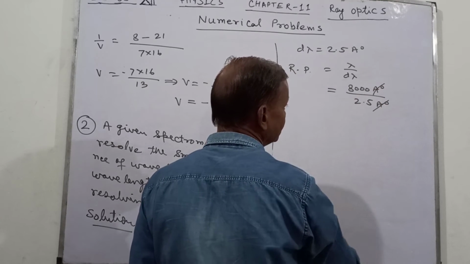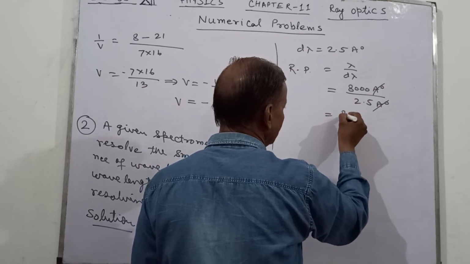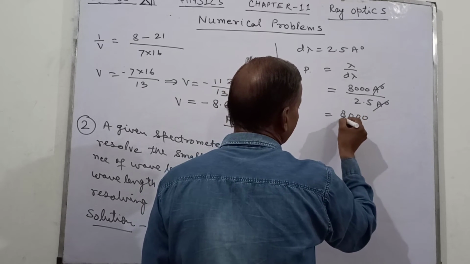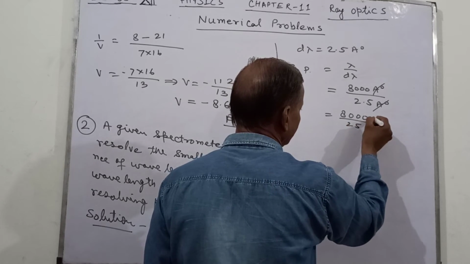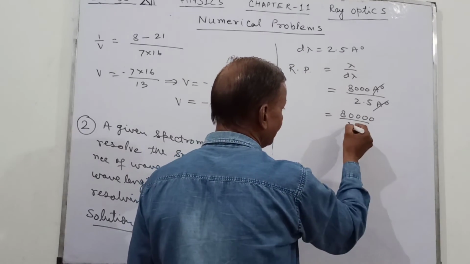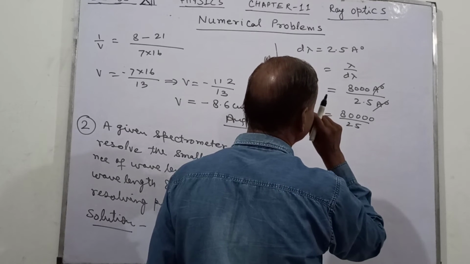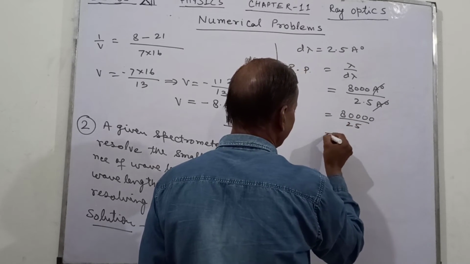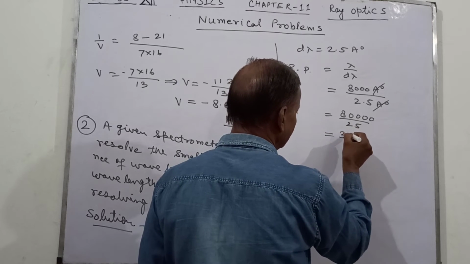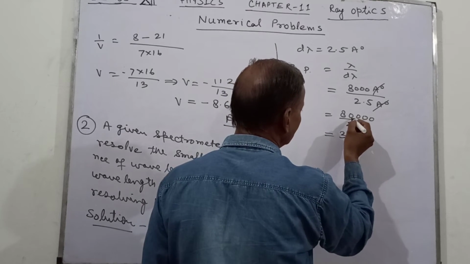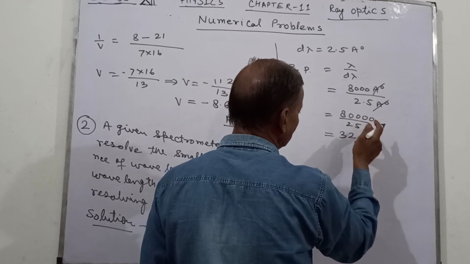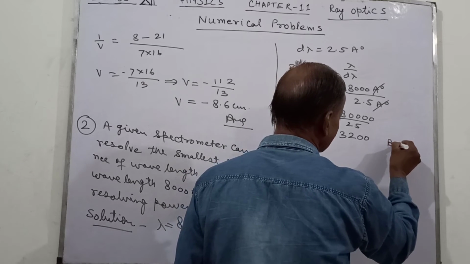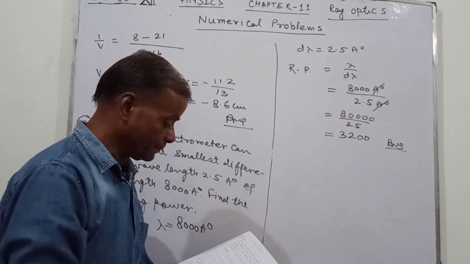This will cancel. So this will be now 800 upon 2.5, and this is now 25 into 10 is more. So this will cancel. This is the resolving power.